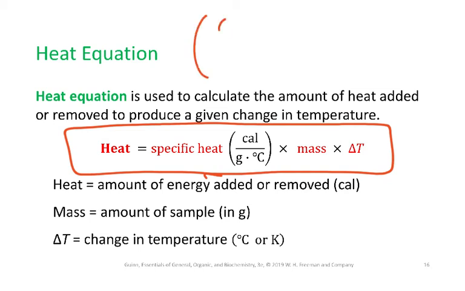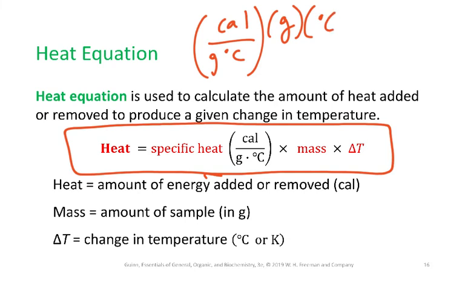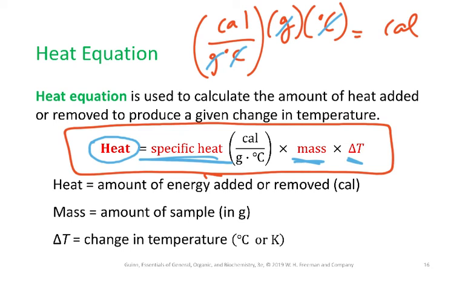And notice that we have calories per gram degree C. And if we multiply that by mass, that would have grams. Temperature, that'd be degrees C. And so what's left is just calories, right? Which is what we're interested in. So if we know the specific heat of a substance, we know the mass that we have, the temperature change that occurs, we can determine how many calories or how much heat was needed.